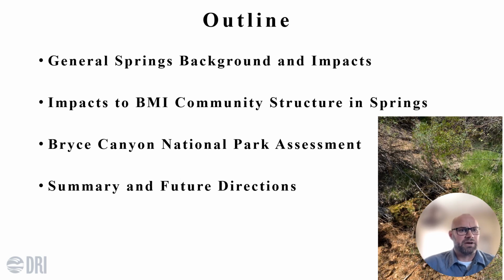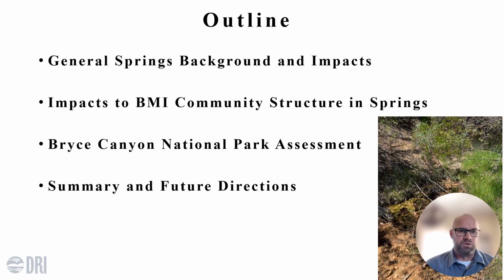I'd like to start off by giving some general background information on springs and some of the impacts that we've seen to these springs, and then how these impacts have influenced BMI community structure in these springs, BMI being benthic macroinvertebrates. I'm going to give a case study that's done in eastern Nevada, really close to Utah, looking at these impacts.